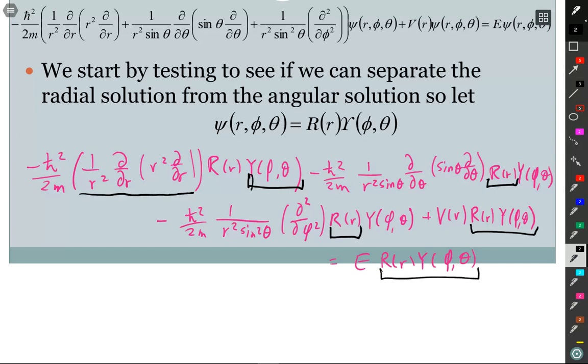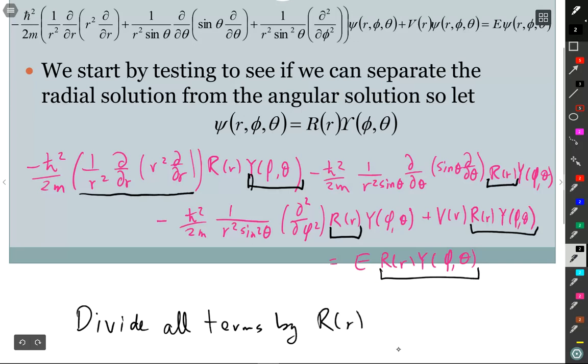So what we're going to do is the same thing we did when we separated the time from the spatial parts of the Schrodinger equation. We're going to divide all of the terms by psi.